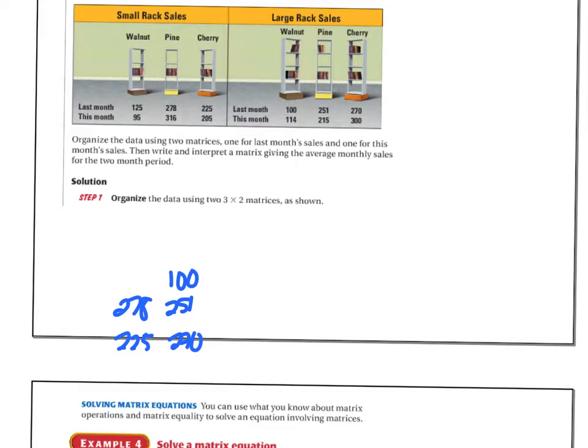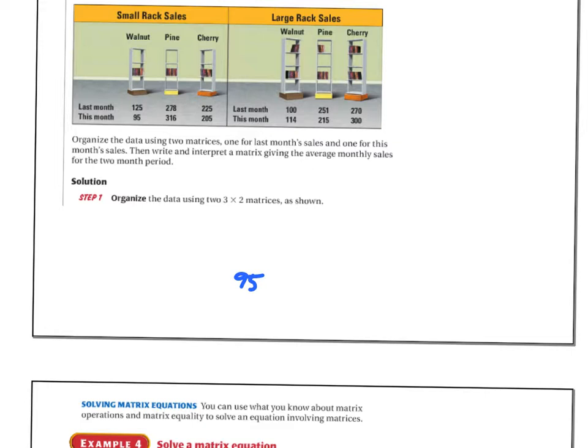And we are looking for the average, I believe. Write and interpret a matrix giving the average monthly sales. So I'm just writing my matrices right now, and then we'll decide how to find the average in a little bit. So now I'm moving over to this month, which will be all my bottom numbers. And for a small walnut, it was 95 that were sold.